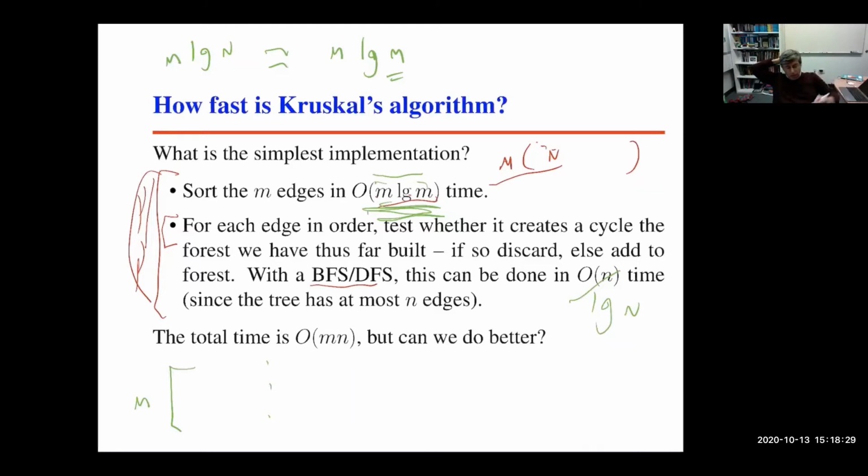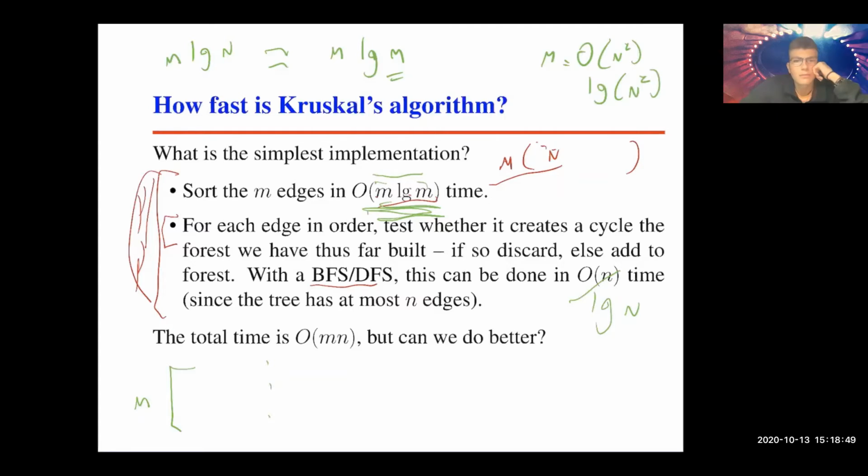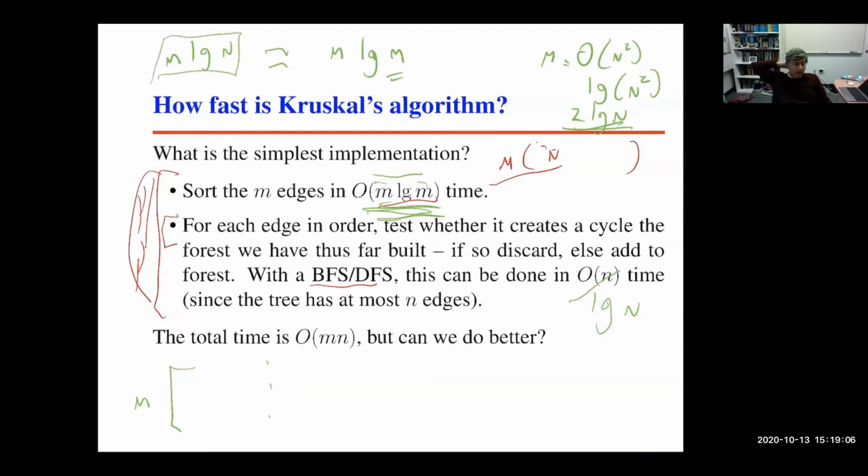The number of edges m is big O of n squared. Does everybody agree that's the densest possible thing? What is the log of n squared? 2 log n. Does everybody see that since the number of edges is polynomially bounded by n, it's perfectly fair for me to say that something that is m log m is really m log n? This sounds a little bit better, so that's why I'm going to be saying it that way. Any questions?